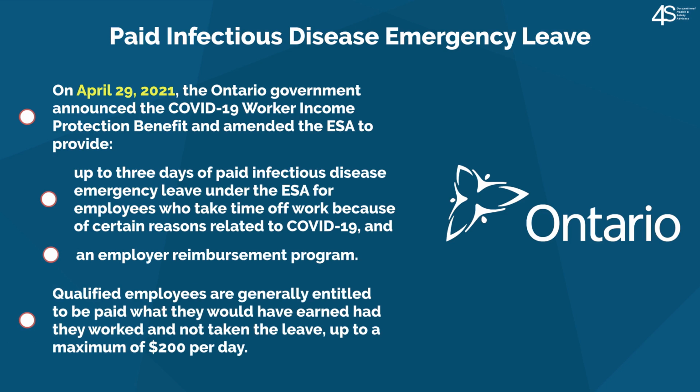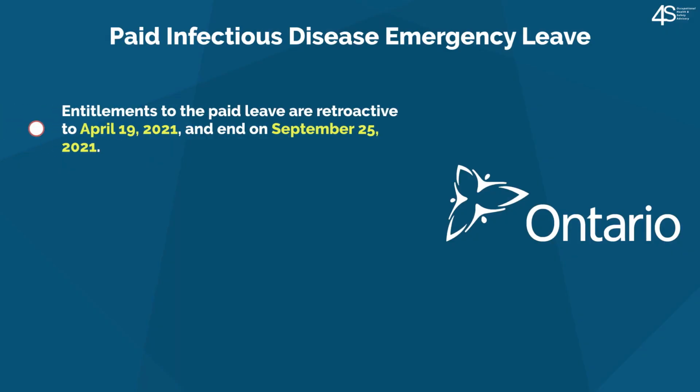Qualified employees are generally entitled to be paid what they would have earned had they worked and not taken the leave, up to a maximum of $200 per day. Entitlements to the paid leave are retroactive to April 19, 2021, and end on September 25, 2021.